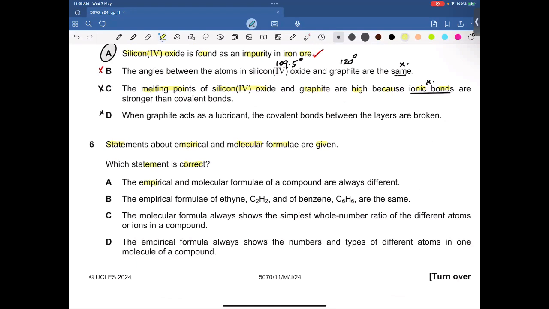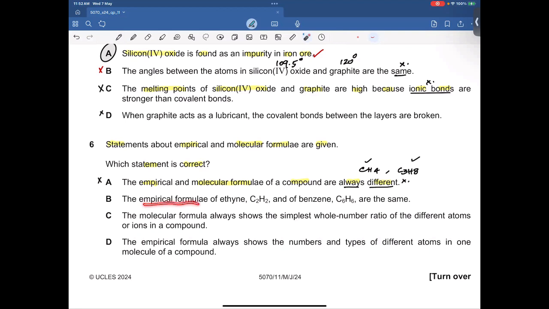The empirical and molecular formulae of a compound are always different. ज़रूरी तो नहीं, because when we talk about C3H8 and CH4, अगर ये मॉलिक्यूलर फॉर्मूला है तो यही एम्पिरिकल फॉर्मूला है. तो जरूरी नहीं होता कि वो डिफरेंट हो, हमेशा सेम भी हो सकते हैं. So statement A is incorrect. They are not always different, sometimes the same, which is why option A is incorrect.